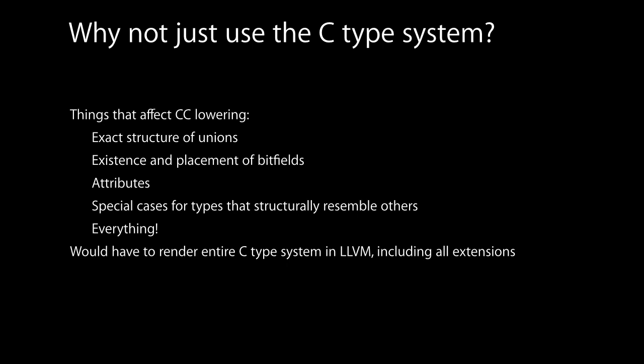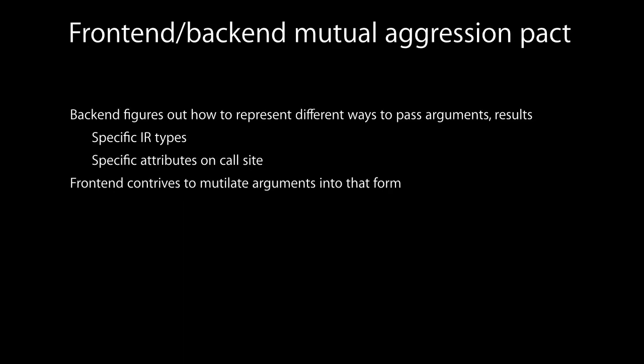Complex floats are often called out by the ABI as having special rules for how they're passed, whereas a structure may be passed in memory, with no special case for it. So if we wanted to go down the route of saying the LLVM IR type system should be extremely natural and always match in a very clean way, we would basically have to reflect the entire Clang type system into LLVM IR. And that's really just not a workable solution.